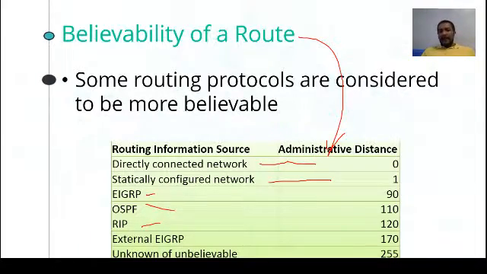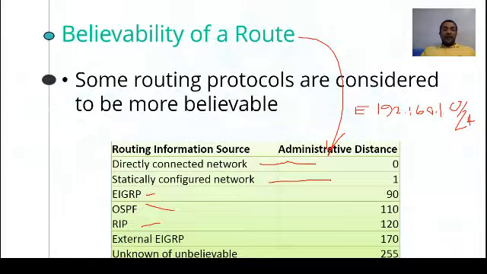Okay, so let's say you currently need to go to 192.168.1.0/24. Okay, so this one came from, let's say, EIGRP.